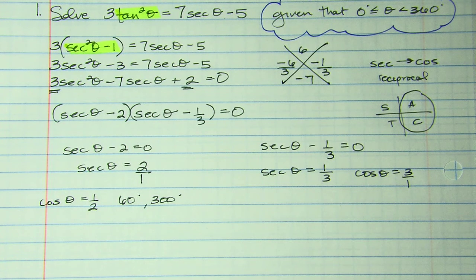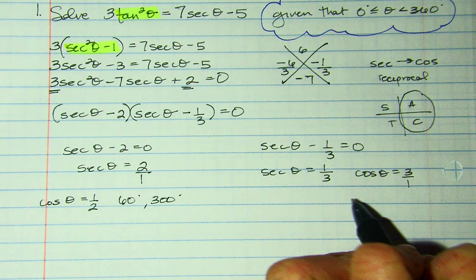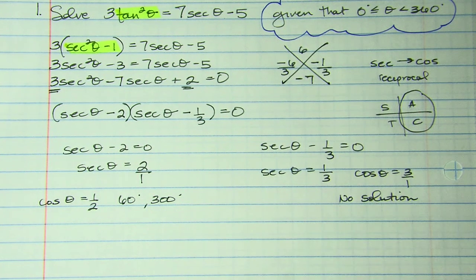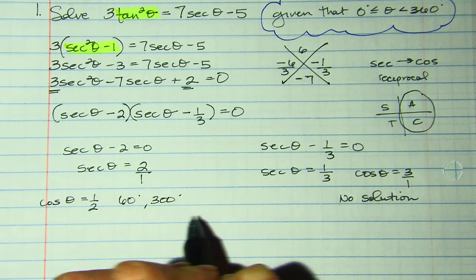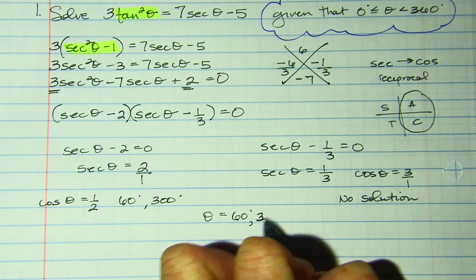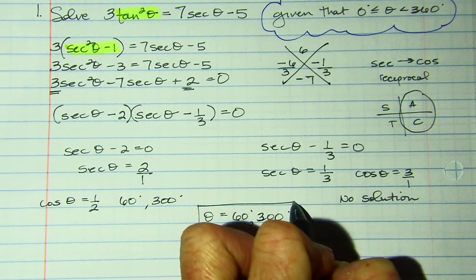And if I'm using my special right triangles, I know I have a root 3, but this hasn't been squared. So there are no solutions that I get a perfect 3 divided by 1. So my 2 solutions for theta are theta equals 60 degrees and theta equals 300 degrees.